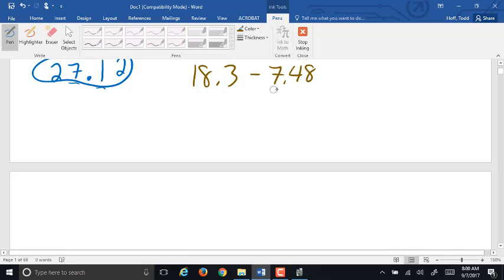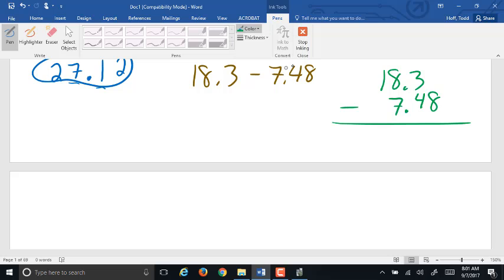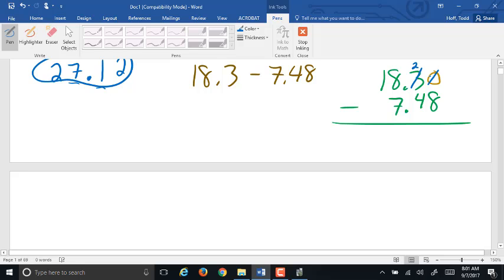Again, when I set this up, I have to make sure I line up the decimal point. Now here I definitely have to fill in that missing decimal place with a 0. When I go to subtract, 0 minus 8, of course, can't be done, so I need to borrow. So the 3 becomes a 2, this 0 becomes 10.